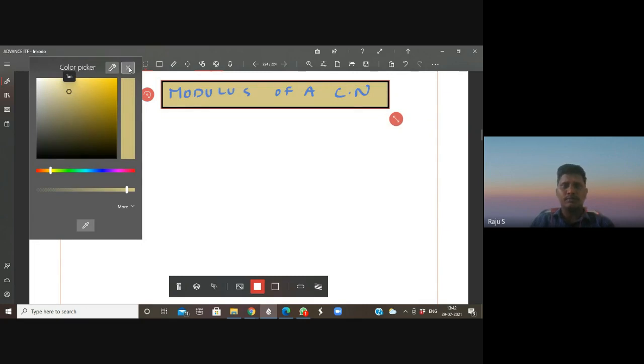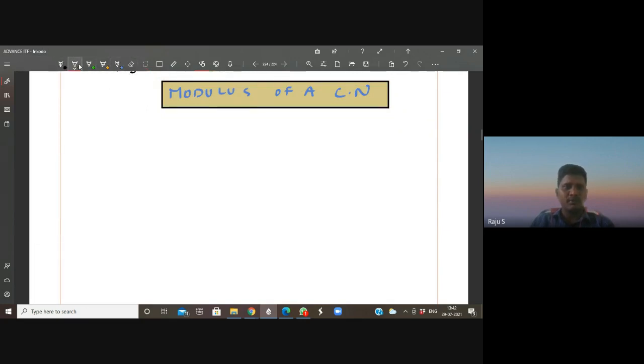The modulus of a complex number is denoted by modulus z, that is root over x square plus y square, when z is equal to x plus iota y. We know very well that root over x square plus y square always belongs to the real part. Is it real, or is there any imaginary value? Yes. And here you have to remember that z into z conjugate is equal to modulus z the whole square. This is a very important property.